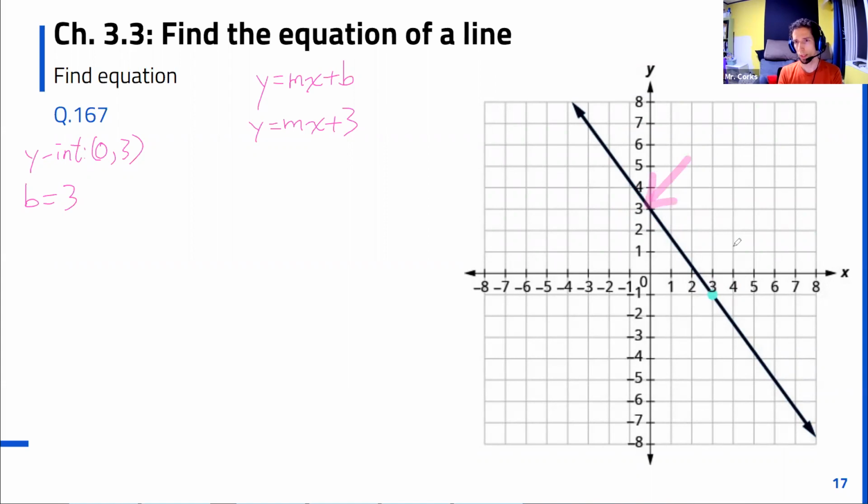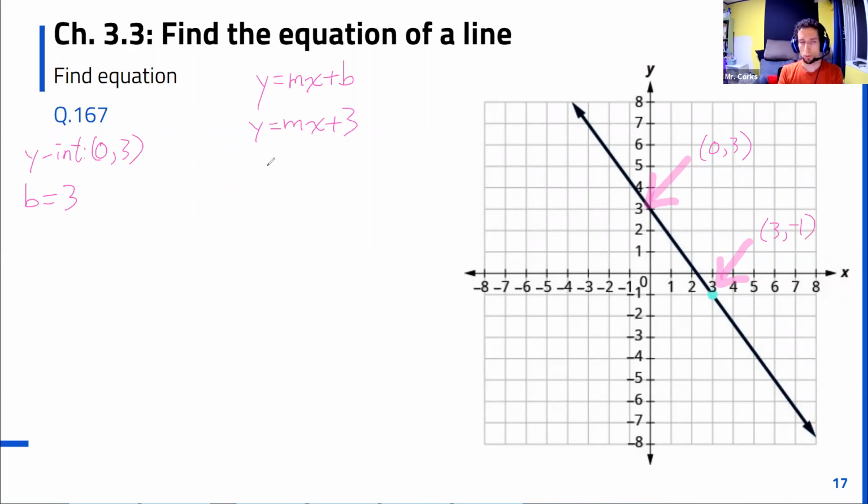Any 2 points on this will work to give us the slope because it's the same slope everywhere. It's the same difference, the same ratio, so it doesn't matter what 2 points we take. So this is (0, 3), this is (3, -1).